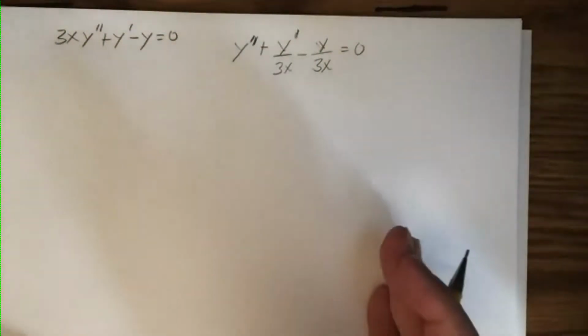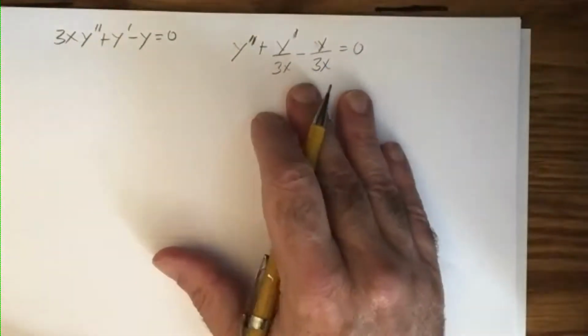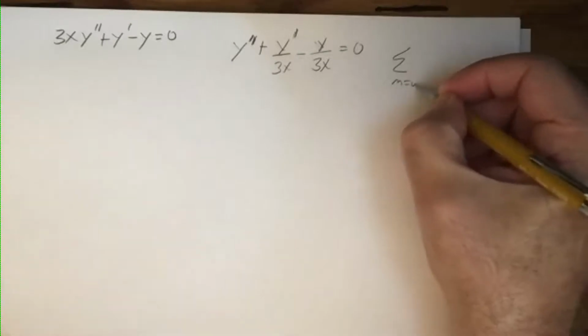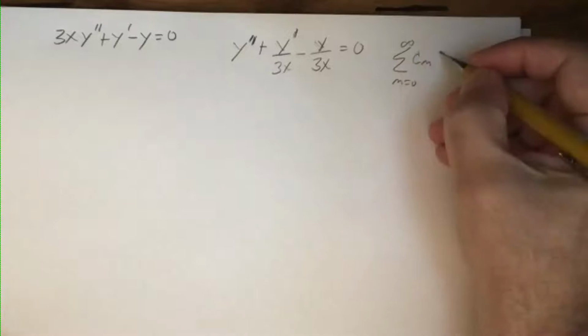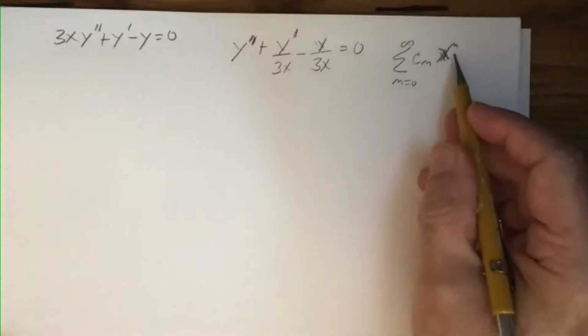Now, this is what I want you to understand. We talked about a lot of different things, but what I want to make sure you understand is that for this differential equation, I cannot assume this form.